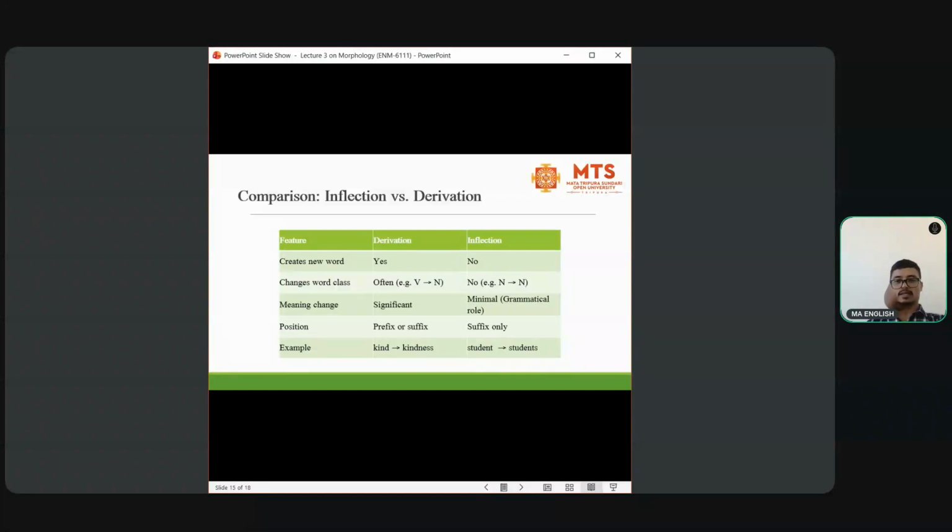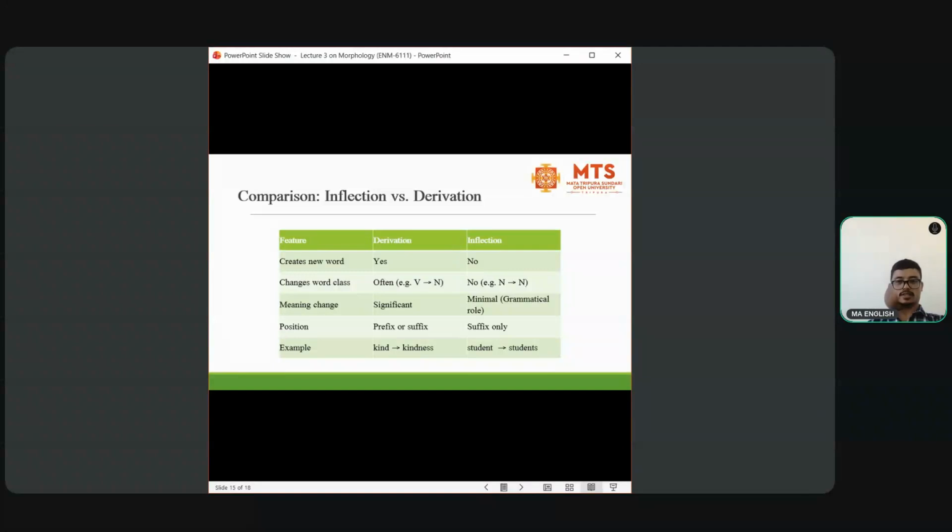But inflection does not change word class; it maintains word class. What about the meaning change? It is quite significant in derivation, but in inflection, it is only a grammatical role. As I have already shown in the previous slide, it is used in number, that is pluralization, whether a word is singular or plural, or in tense, like in verbs, and degree of comparison.